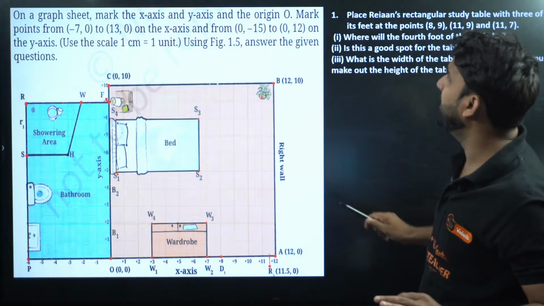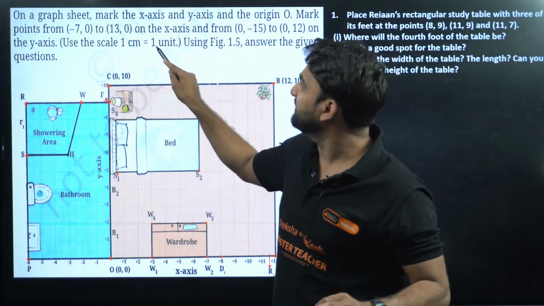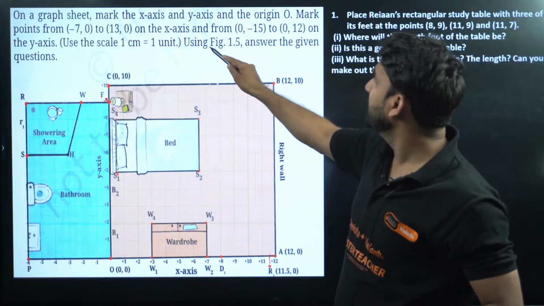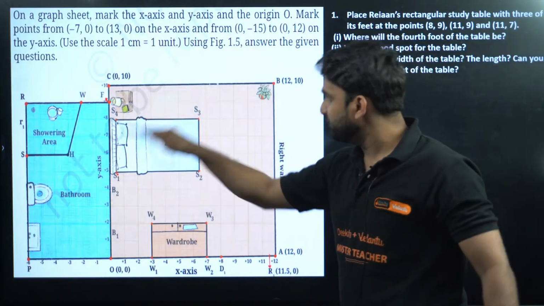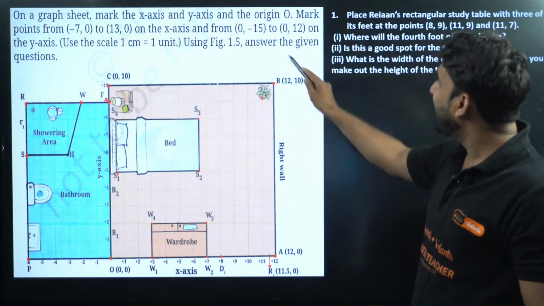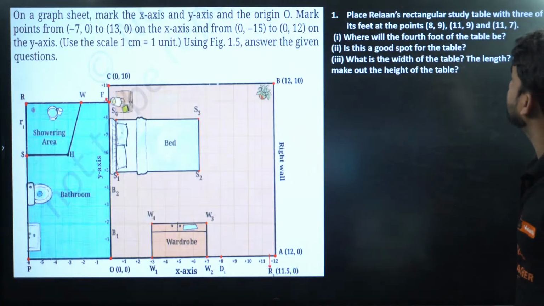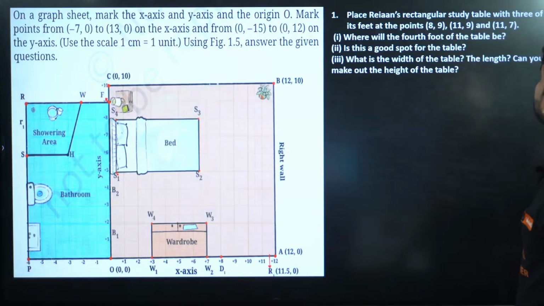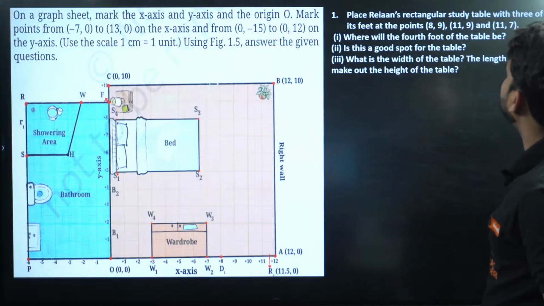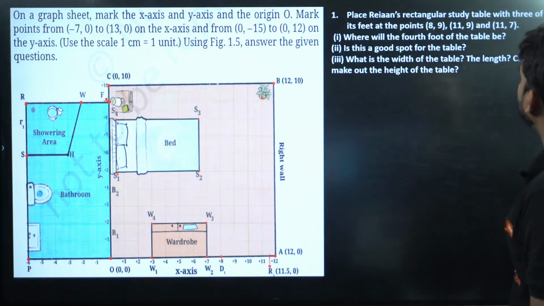On that graph paper, 1 centimeter is equal to 1 unit. Using figure 1.5, answer the given questions. This is the first question: place Rian's rectangular study table with 3 of its feet at the points (8, 9), (11, 9), (11, 7).